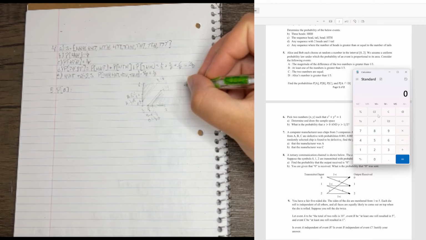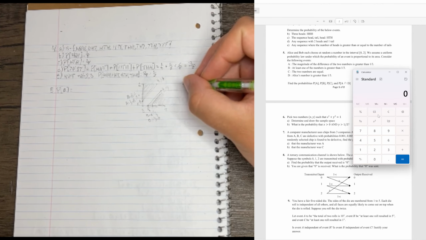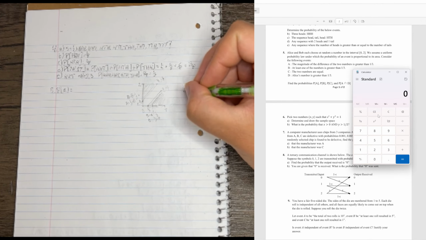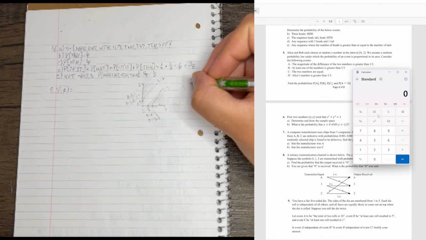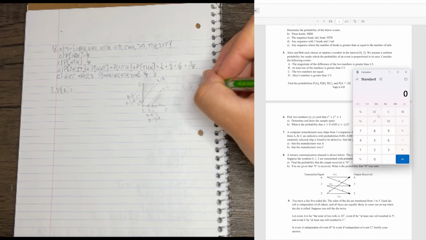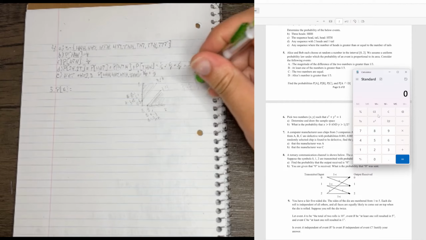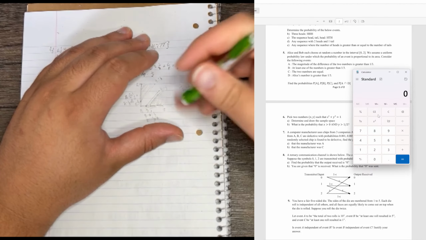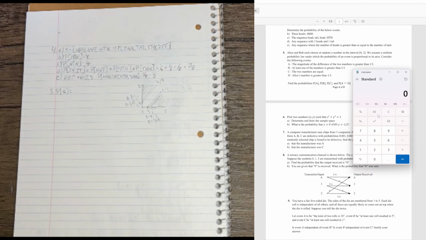So we have 5 over 3 times 5 over 3 times 1 over 2. We don't even have to do 1 over 2, do we? Because we're adding them together anyways. That'll just cancel that out. So 5 divided by 3 squared.